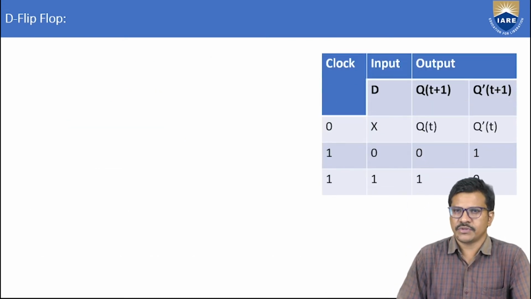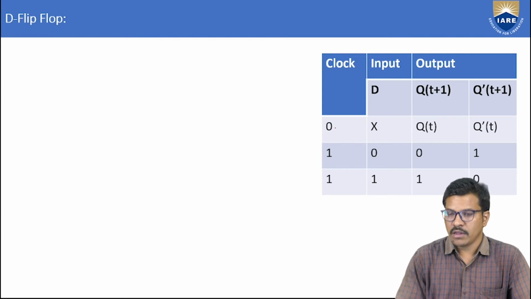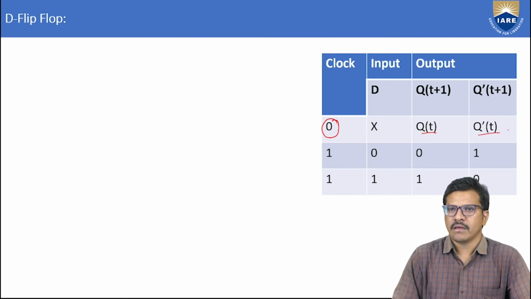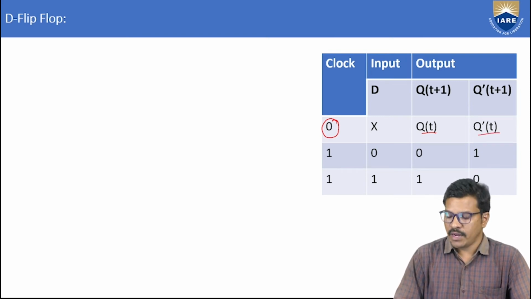This is the simple truth table. In this truth table, when the clock is low, irrespective of the D input, the next state is the same as the present state. And when the clock is high and D is 0, what does it mean?